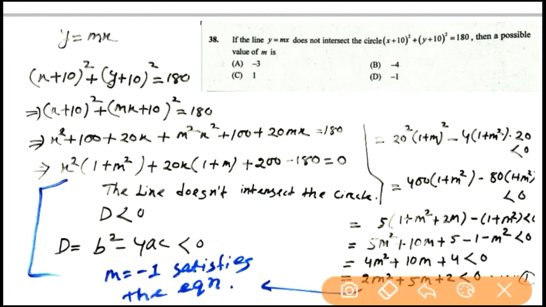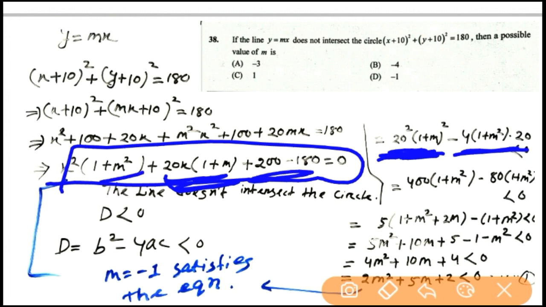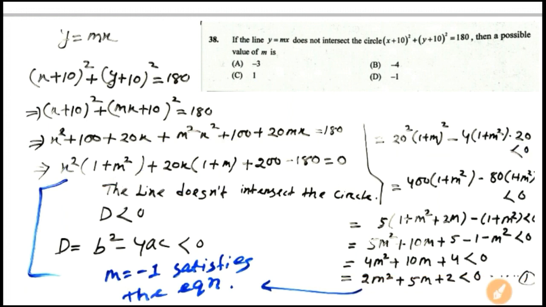From this equation, b is 20(1 + m), so b² equals 20²(1 + m)² minus 4ac. A is 1 + m², and c is 200 minus 180, which is 20, and this is less than 0.